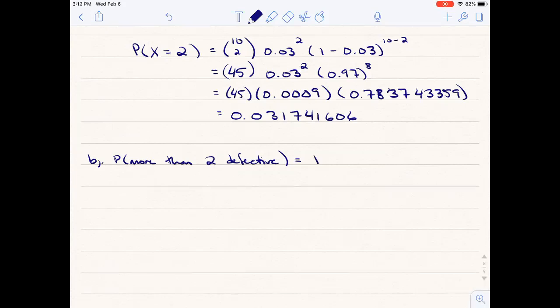So I'm just going to encourage you to do that. Of course, you would get the same answer if you did all of them, but it would take you all day. 1 minus the probability of 0 minus the probability of 1. Just taking away 0 and 1 defective ones will leave you with 2 or more.